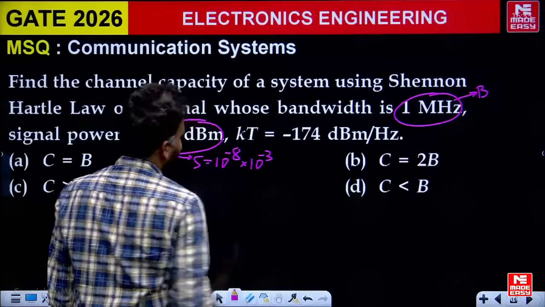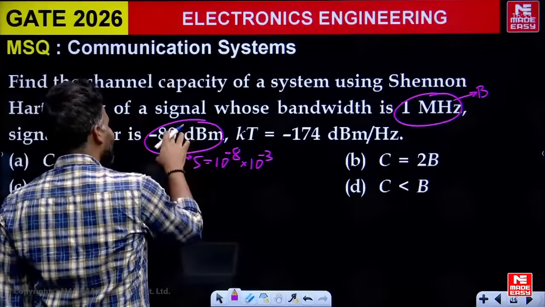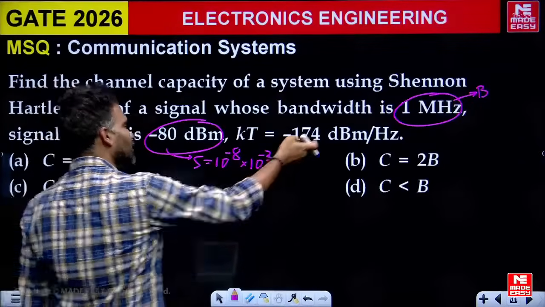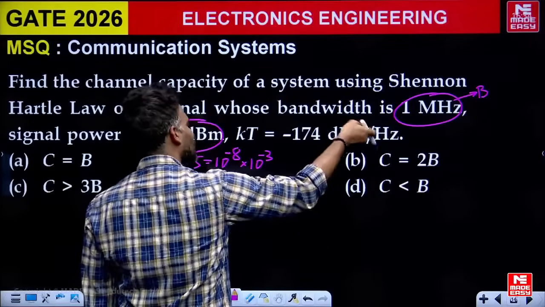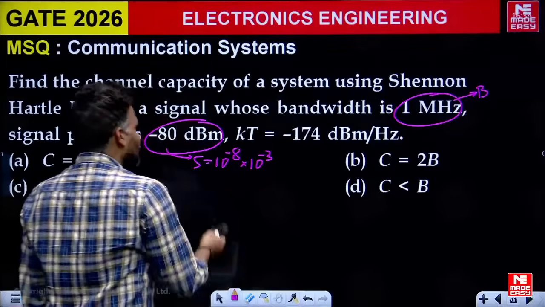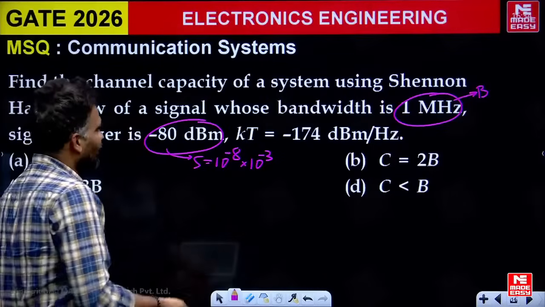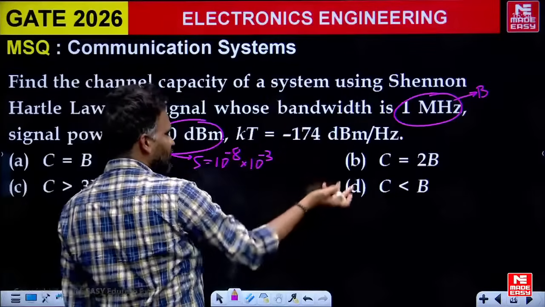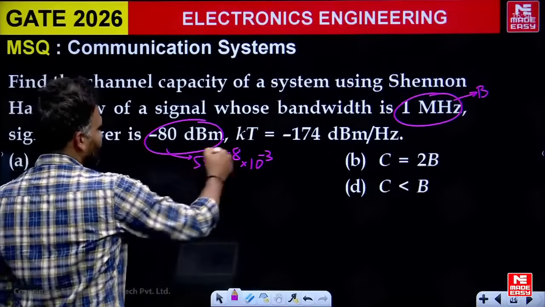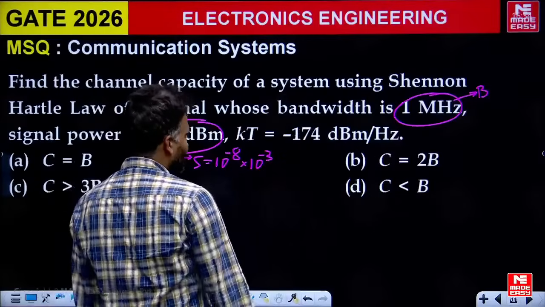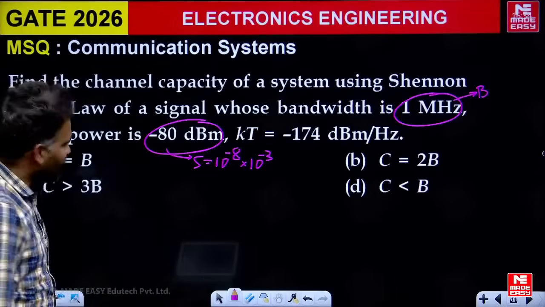Even if you ignore the milli here and in kT, the answer is going to be the same, because in finding channel capacity B log base 2 of 1 plus S by N, the milli cancels in S by N.